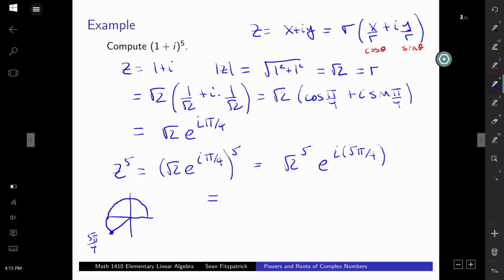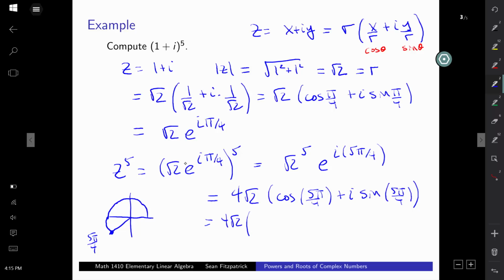I'm done if I want to leave my answer in polar form, but maybe I want to convert back. Root 2 to the 5th, so root 2 times root 2 times root 2 times root 2 times root 2, you can work out that that's going to be 4 times the square root of 2, or you could leave it as square root of 32 if you like, times cosine of 5 pi over 4 plus I sine of 5 pi over 4, and you can evaluate those trig functions.